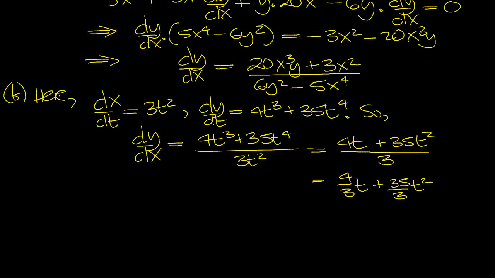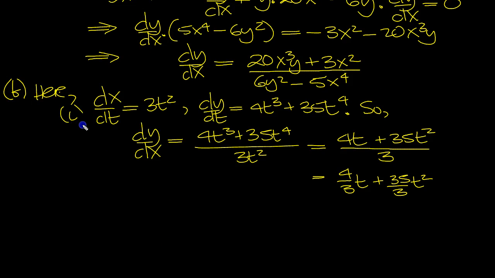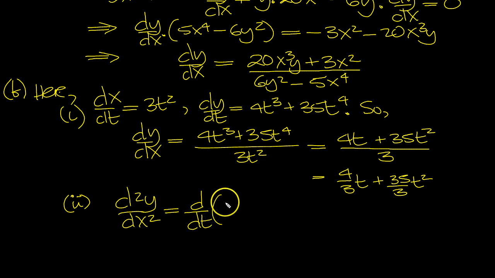So now d²y/dx². So d²y/dx² is equal to d/dt of dy/dx multiplied by dt/dx, isn't it?